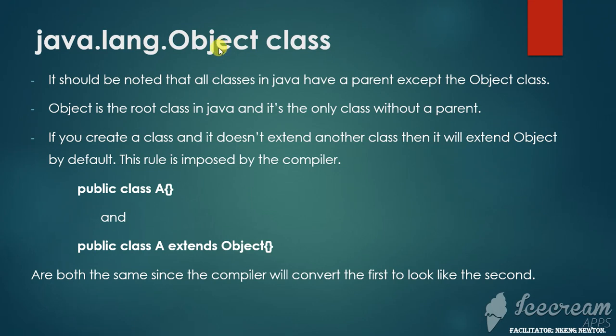But if you make a class extend another class, then it means that class has a parent, and the compiler will not force it to extend Object. But if that class doesn't extend another class, then Java will force it to extend Object. So let's use this example. Java will convert this example to look like this.